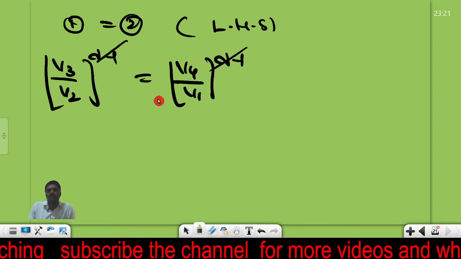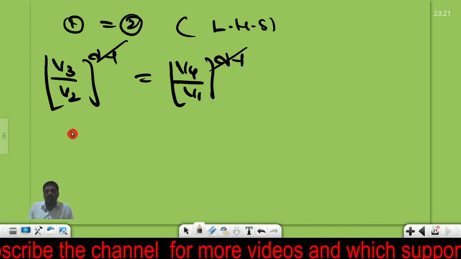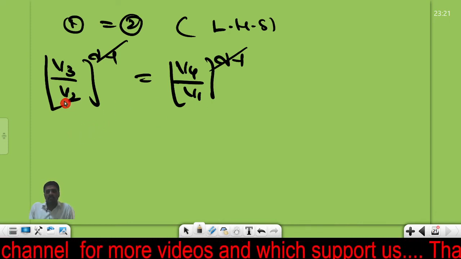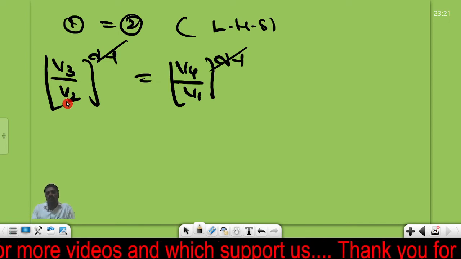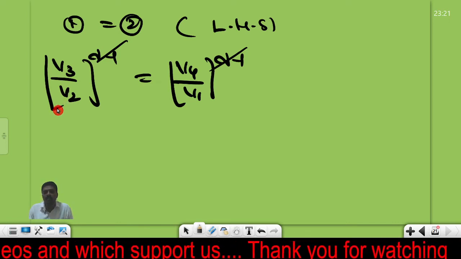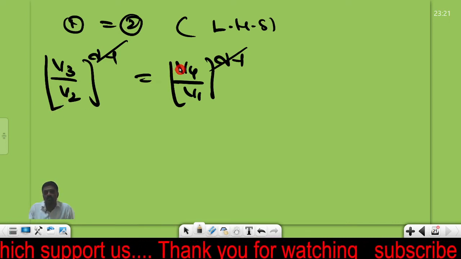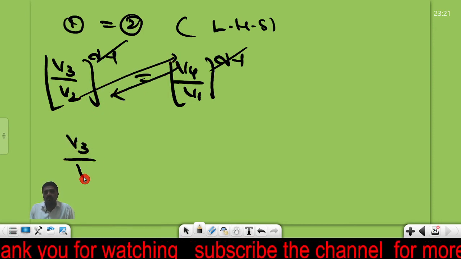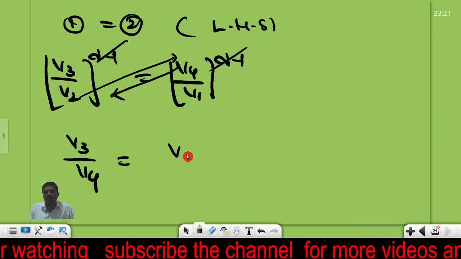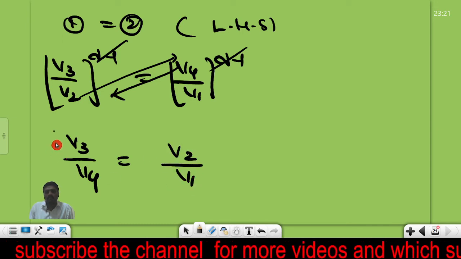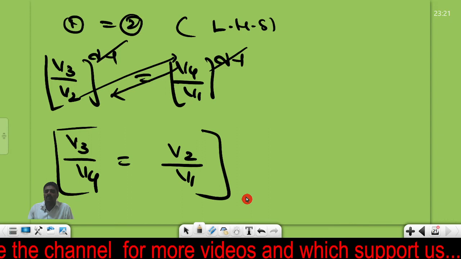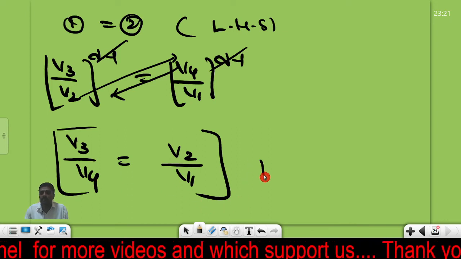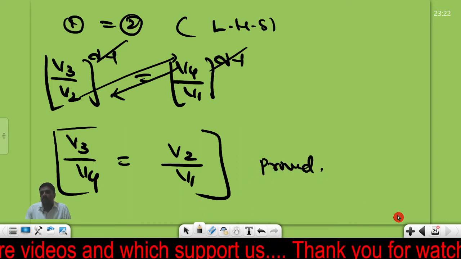The powers are equal, so they can be cancelled. Our goal is to prove that V3 by V4 is equal to V2 by V1. So we proved this.